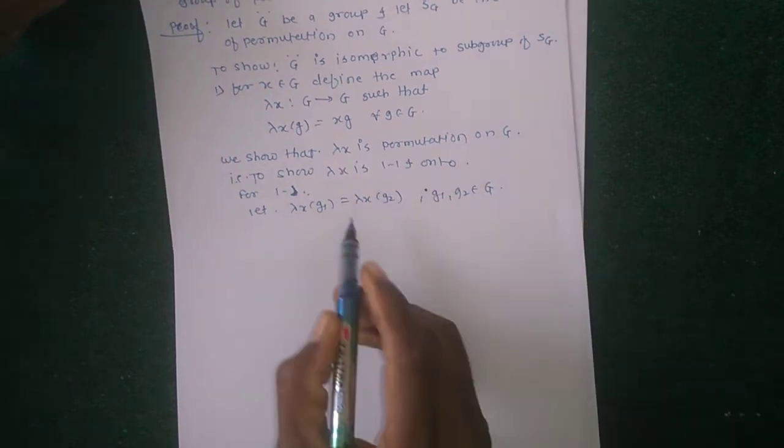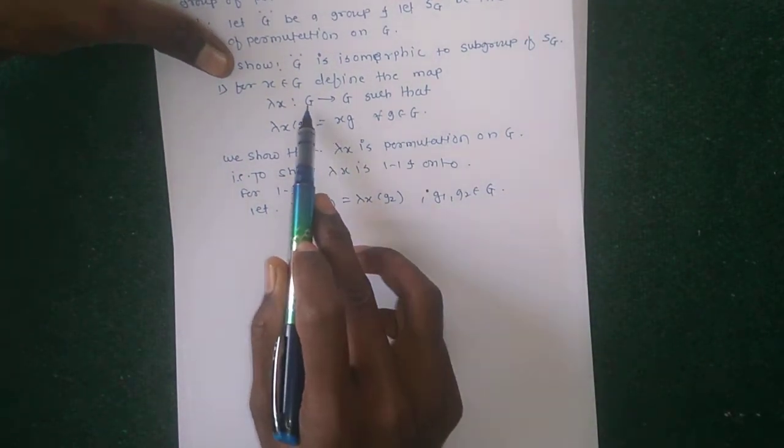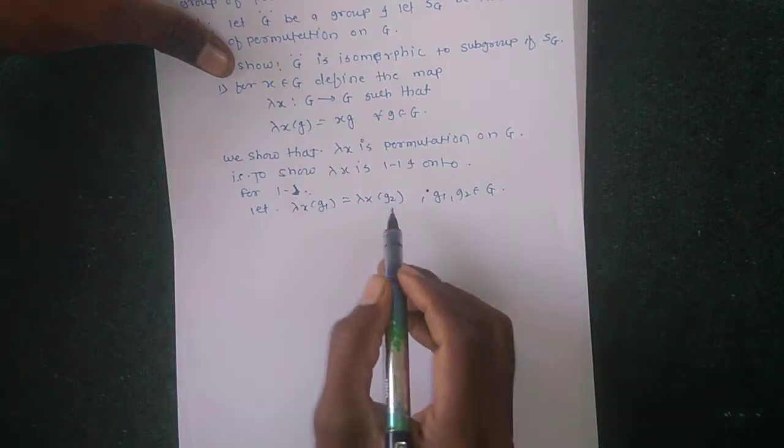When lambda_x is applied on the two elements of G, we show that g1 and g2 are equal.